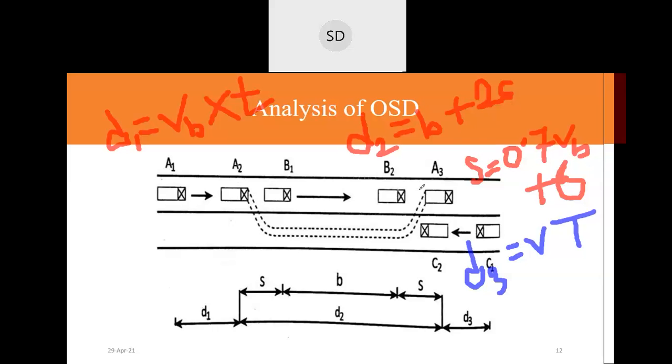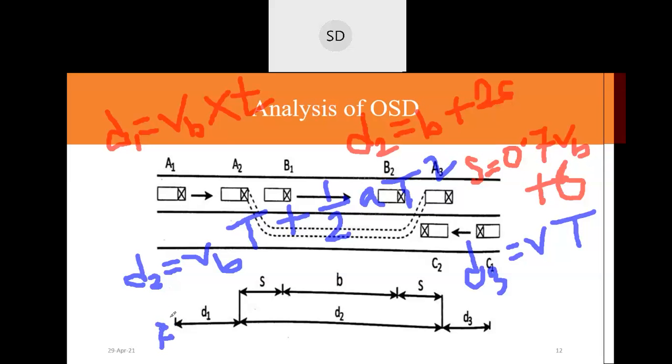We can also write d2 in another way: if the acceleration of vehicle A is a, then it is vb into t plus half a into t square.